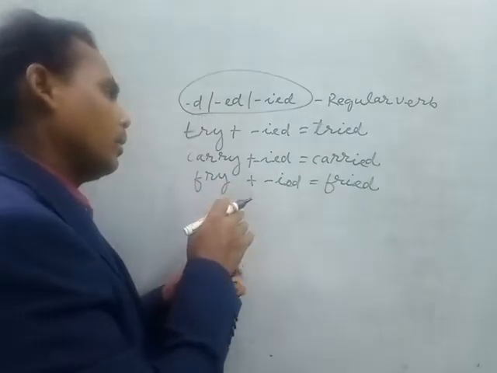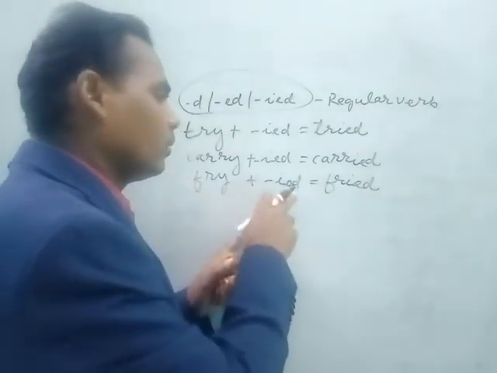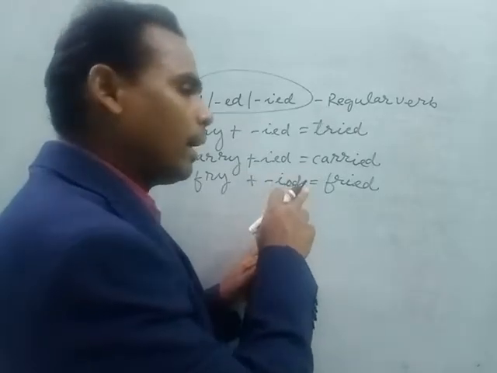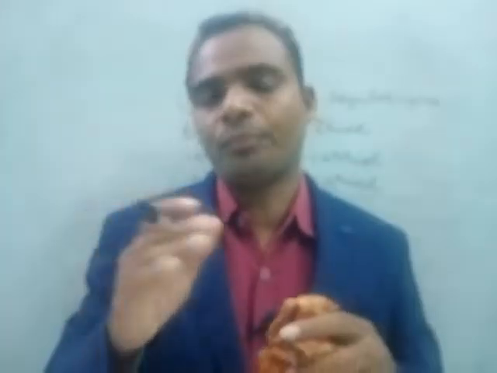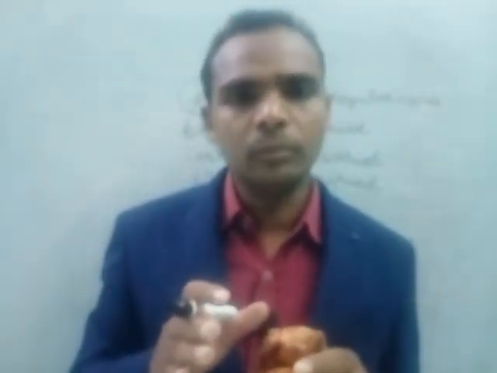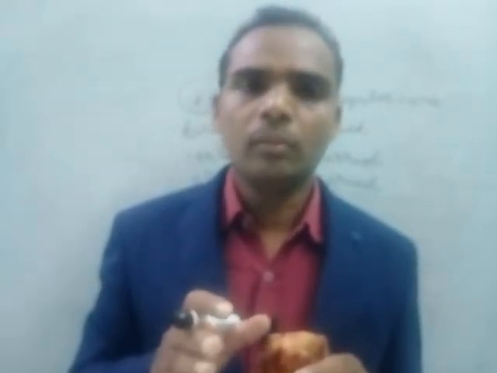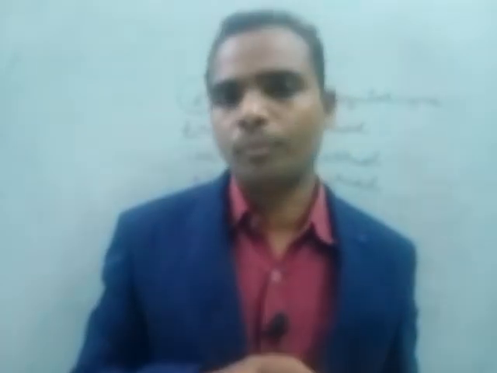So if a verb ends with Y, then you have to add IED. But there are certain more verbs. If you add Y, then it is also the ED form, not IED.